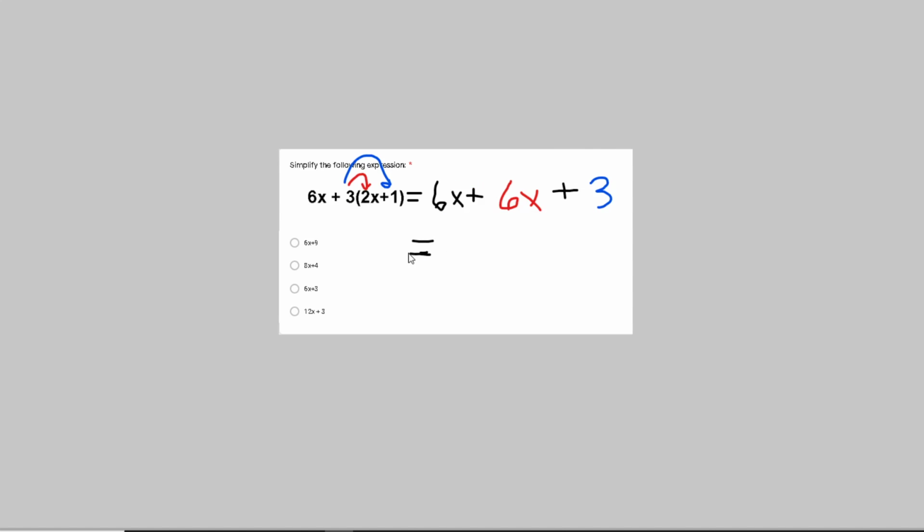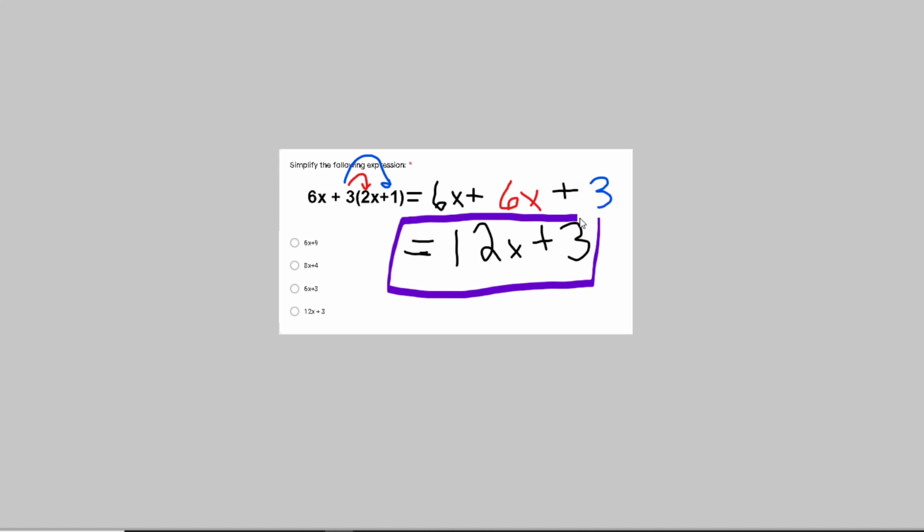Now 3 doesn't have an x with it, so we can't add this to the terms with an x in it. So we do 6 plus 6, 12x, and then we just leave the 3 to the side because there's no x, there's no y, a, b, c, d, whatever. So this is your answer, 12x plus 3.